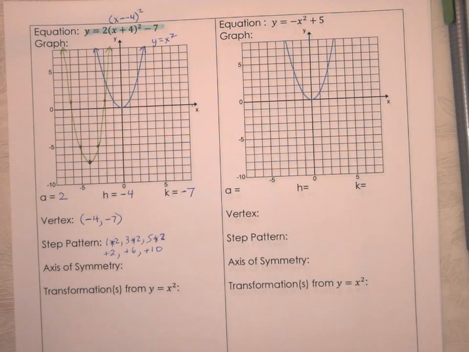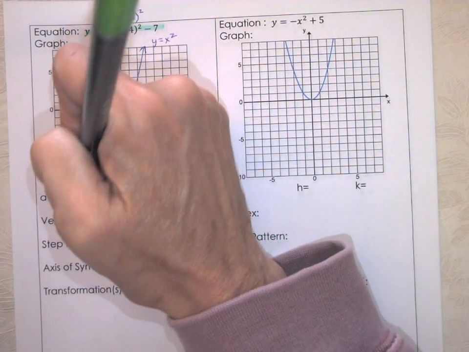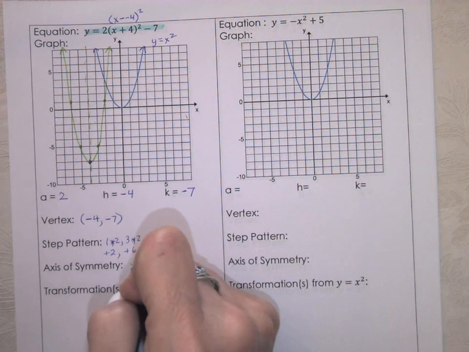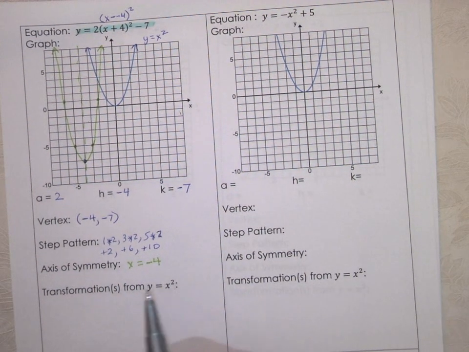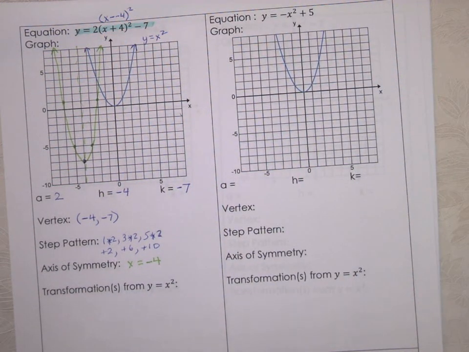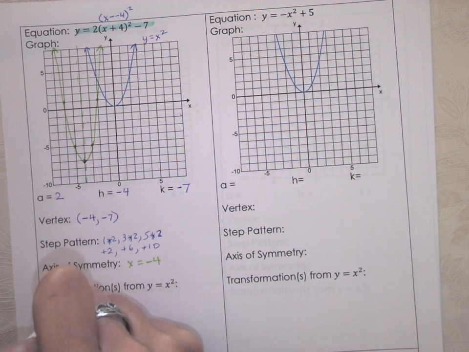Okay? All right, so our axis of symmetry is always through the vertex. So in our case, it's going to be the vertical line x equals -4. And the transformation, so how is it different from the original, we call it parent function, y equals x squared. So we know it's been moved left, so that's called a horizontal shift.